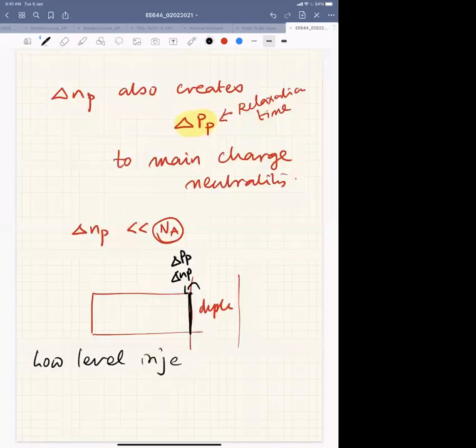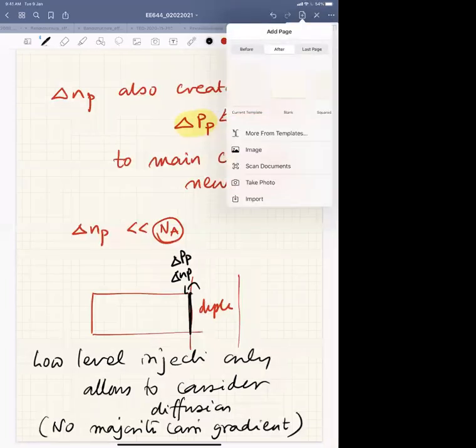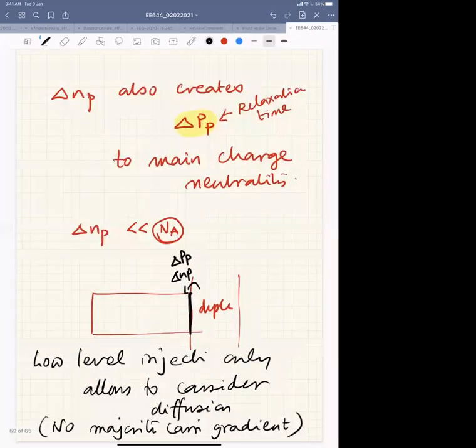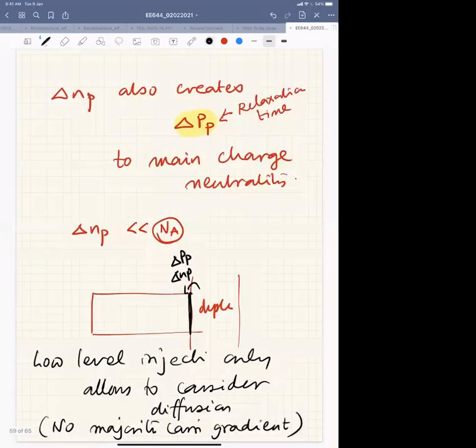This assumption only allows us to consider diffusion, because there is no majority carrier gradient. Okay, is this part clear? Yes, sir.